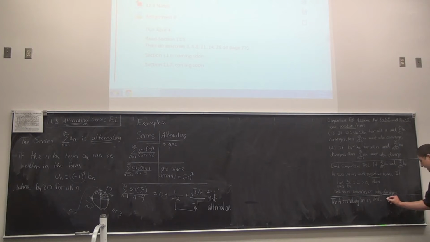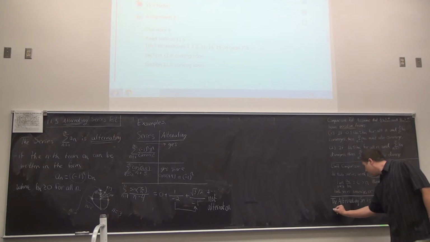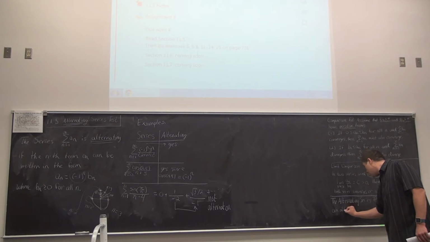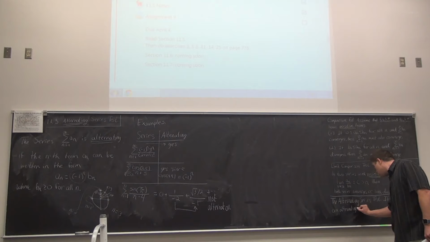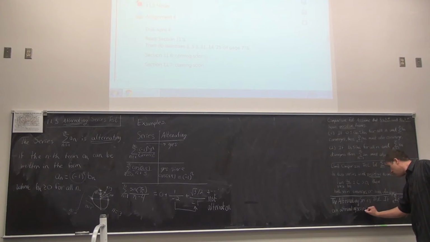The alternating series test says if the summation as n goes from 1 to infinity, let's write it in this form, negative 1 to the n times b sub n, is an alternating series, and 2 things have to hold.